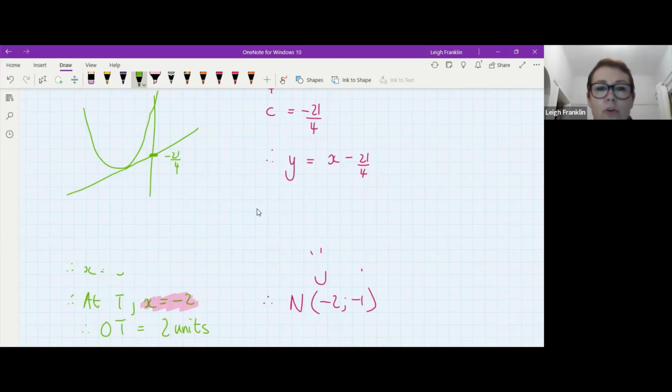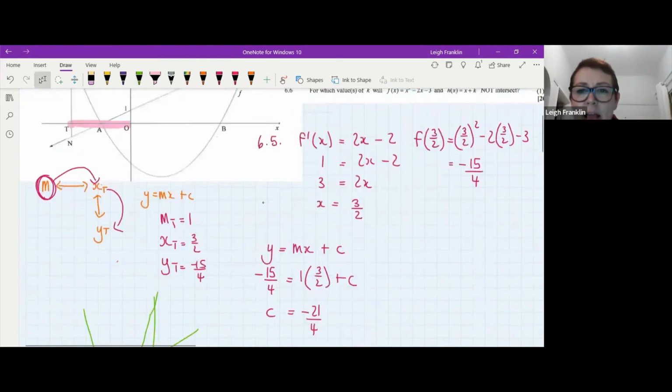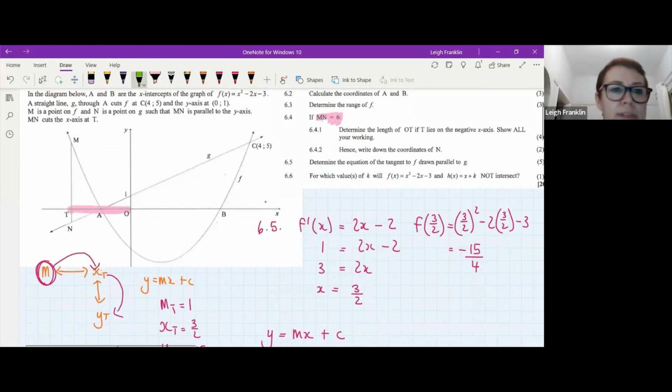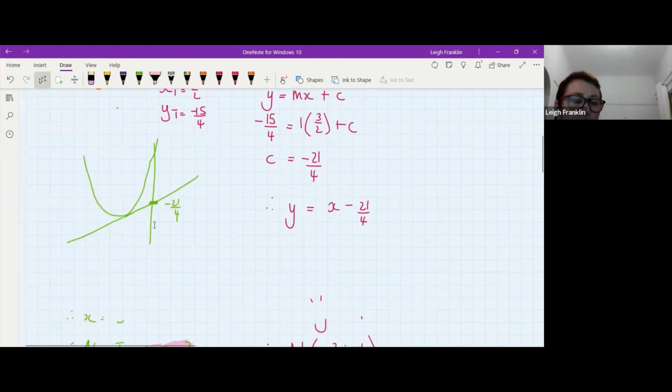This letter K represents the value of the y-intercept when the straight line no longer touches the parabola.